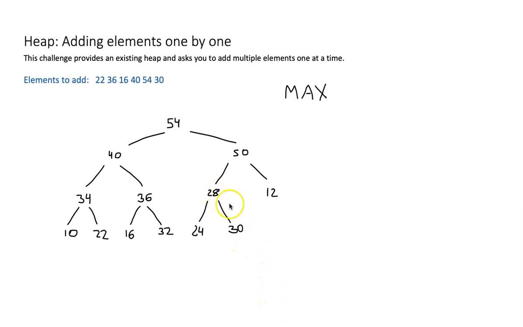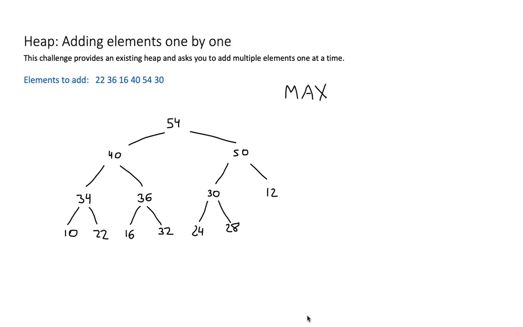So 28 is not greater or equal to 30. So let's swim up 30 and 28 comes down. And I'm going to look at the parent. Is 50 greater or equal to 30? That is the case. So at this point, I am done.